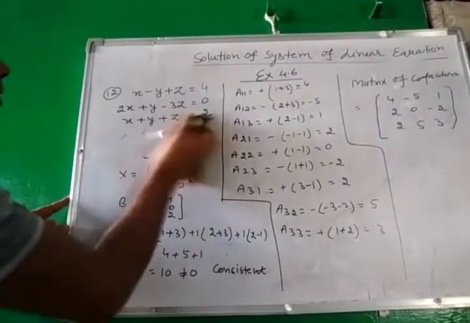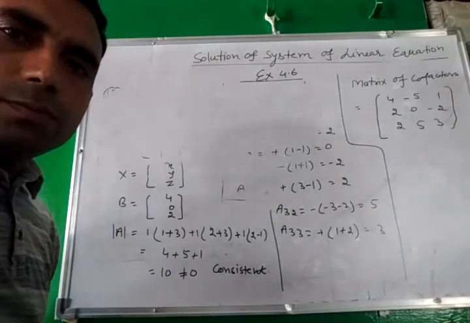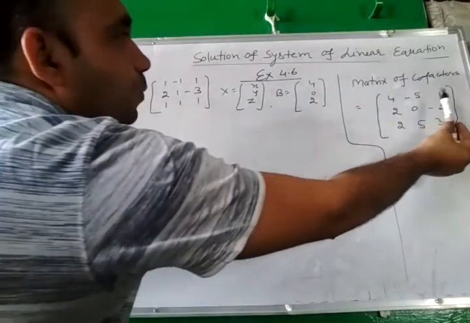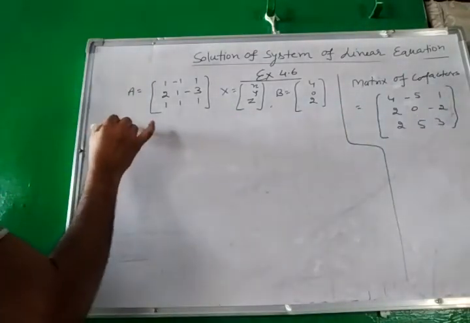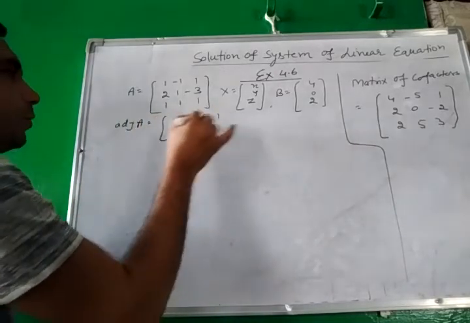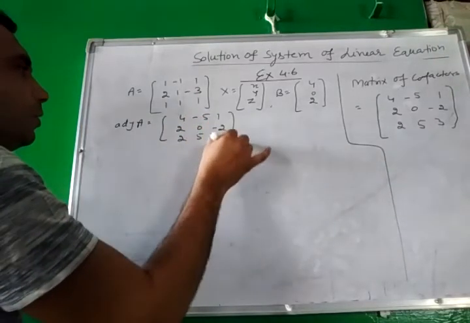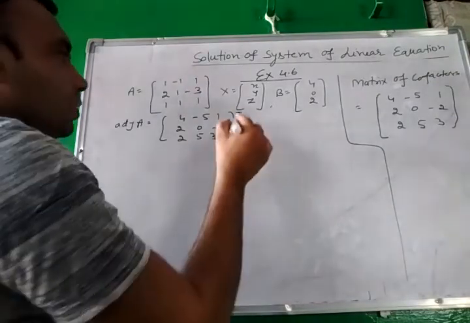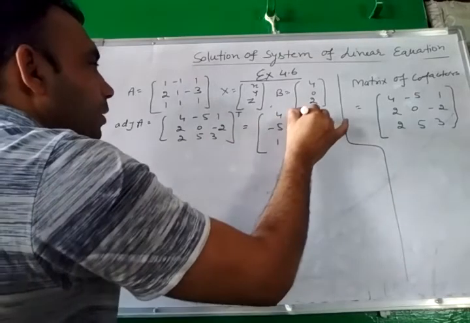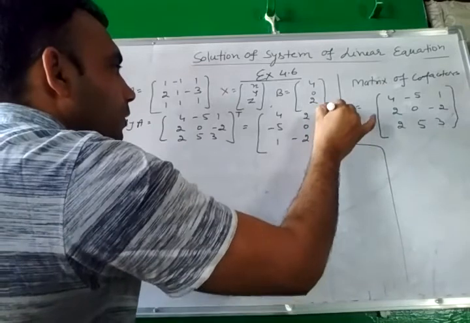To find adjoint of A: adjoint of A is equal to transpose of matrix of cofactors. So adjoint of A is the transpose of 4, minus 5, 1, 2, 0, minus 2, 2, 5, 3, which is equal to 4, 2, 2, minus 5, 0, 5, 1, minus 2, 3.